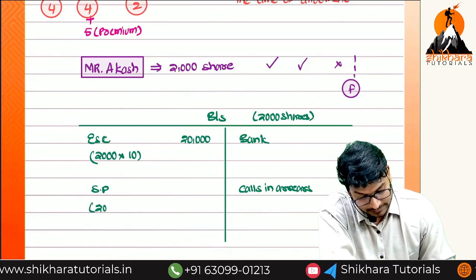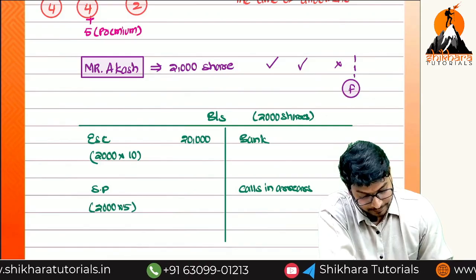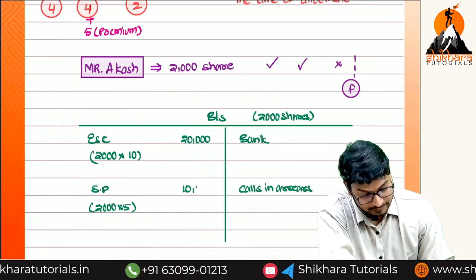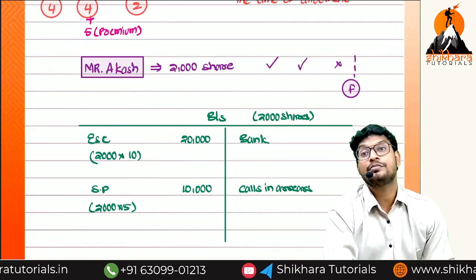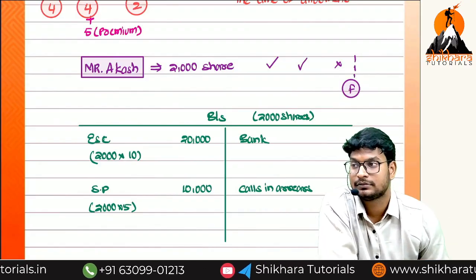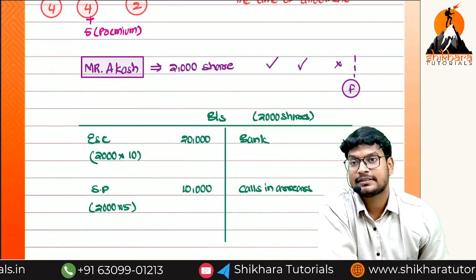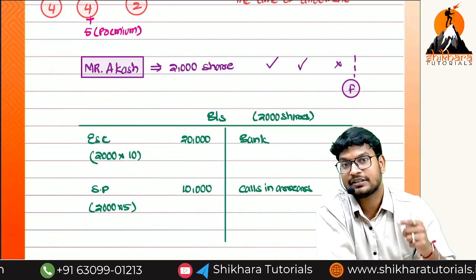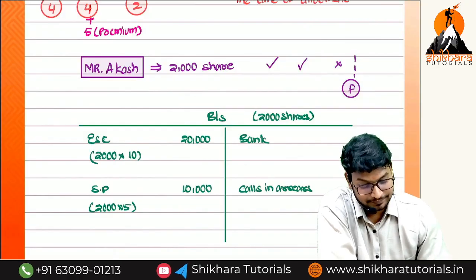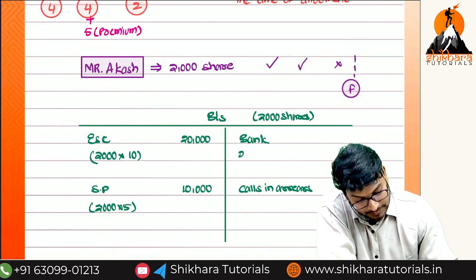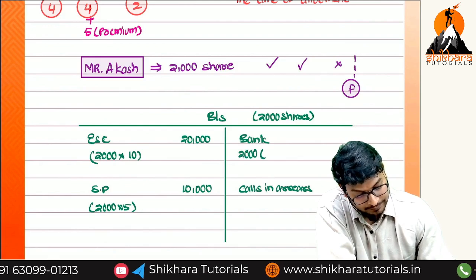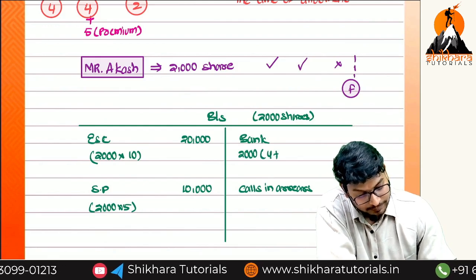And 2000 into 5 rupees is the premium. 10,000. Now, how much amount we have received? We have received the application and we have received the allotment plus premium. So 2000 into 4 plus 9.